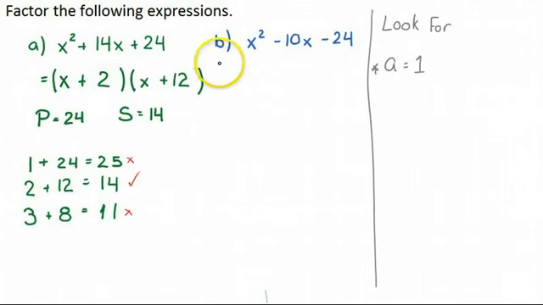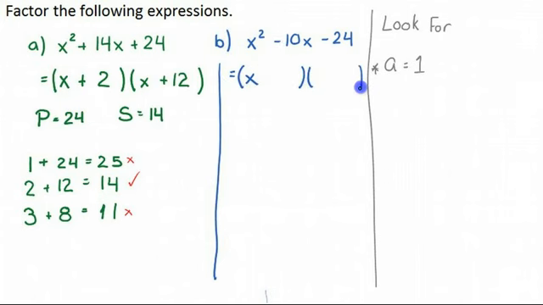However, it might be a little bit more complicated if we end up with a product which is negative and a sum which is negative. So again, we start off, we notice here that a is equal to 1, so we know right away this is going to be x, then x.